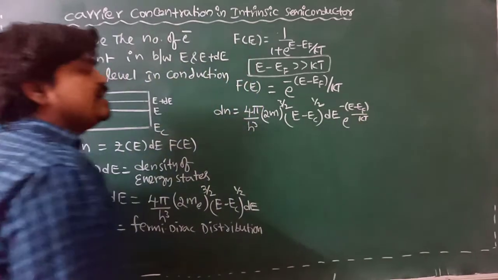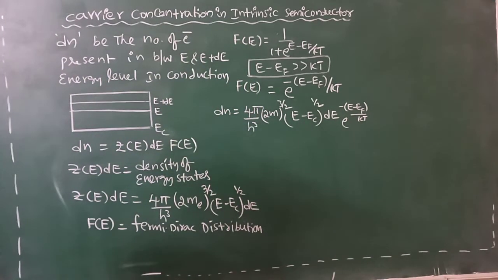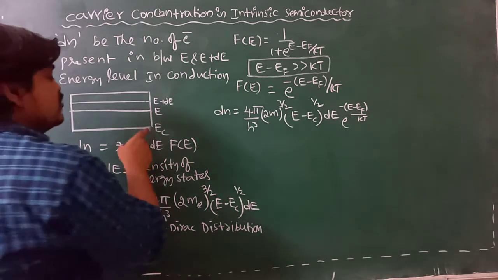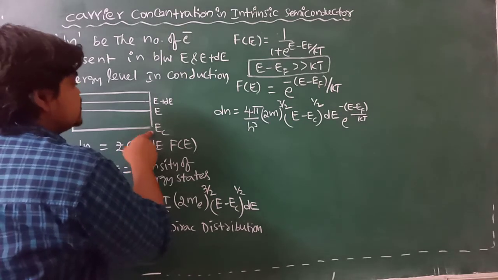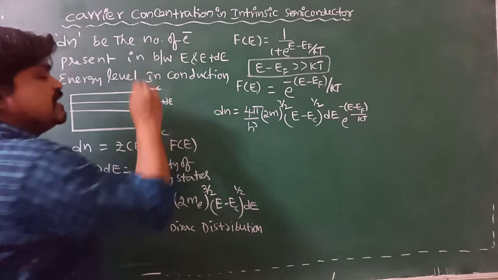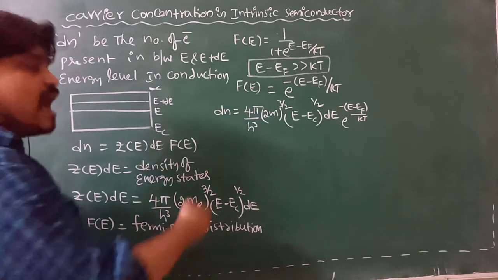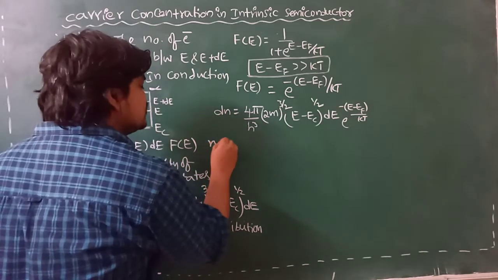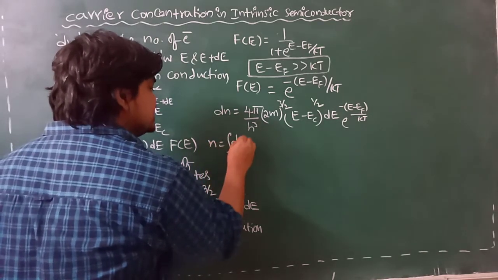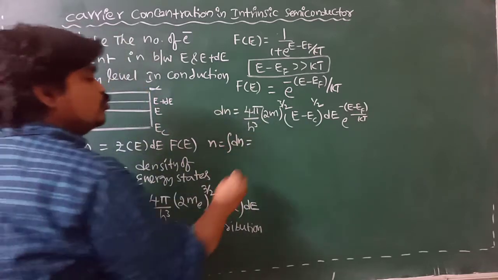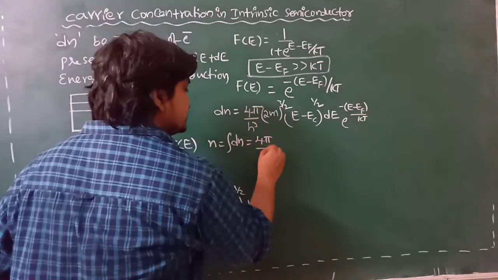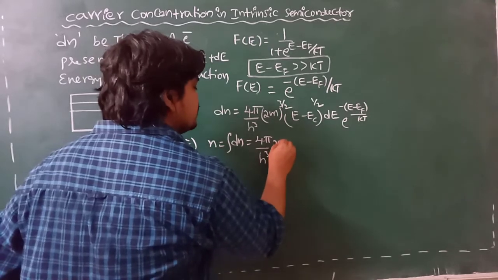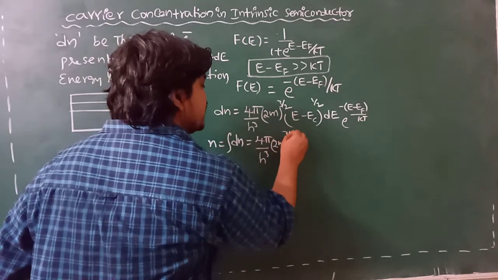Now you want to find the total number of electrons in the conduction band, from the energy level Ec to infinity. So I can integrate: n is equal to the integral of dN, which is 4 pi by h cube, 2m whole power 3 by 2.